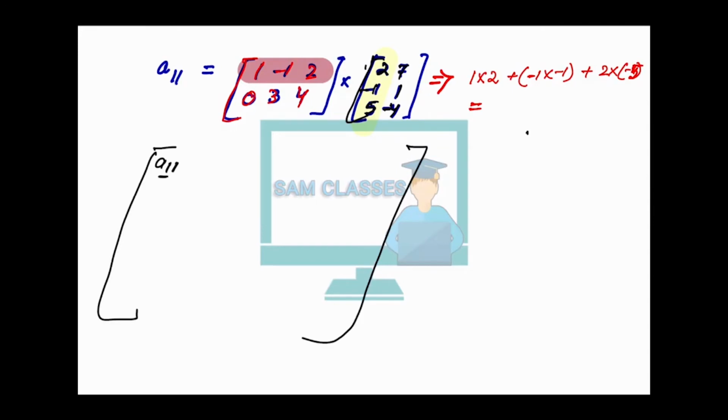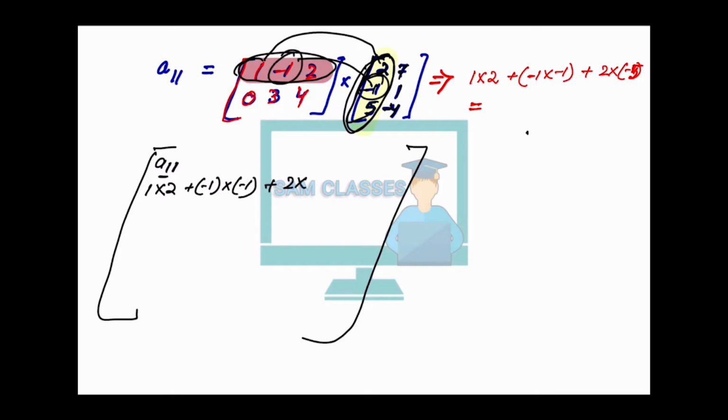So we take the first row from the first matrix and the first column from the second. Then each corresponding element we multiply and add them. So 1 into 2 plus minus 1 into minus 1, plus the third element of the row into the third element of the column. So we got 2 plus 1 plus 10. So how much, students? 13.